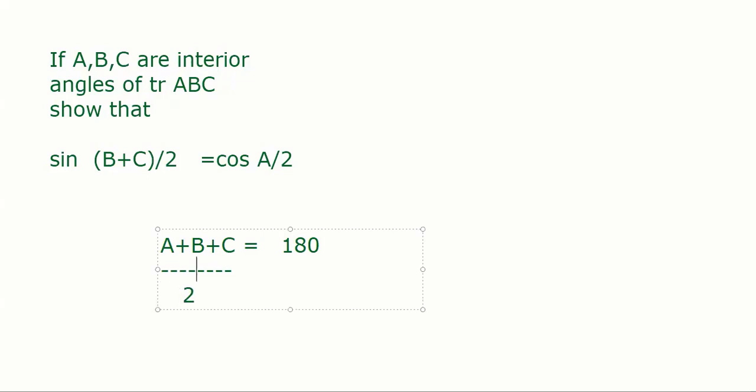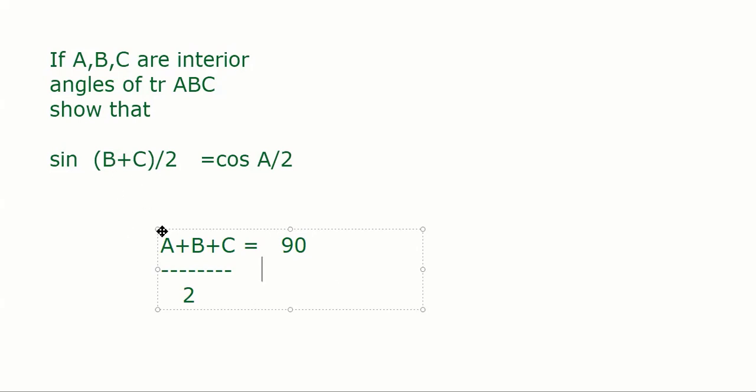So it becomes (A plus B plus C) by 2 equal to 180 by 2, right everybody? 180 by 2 कितना होता है? 90, sir. 90. So instead of that I can write 90 here. (A plus B plus C) by 2 equal to 90.